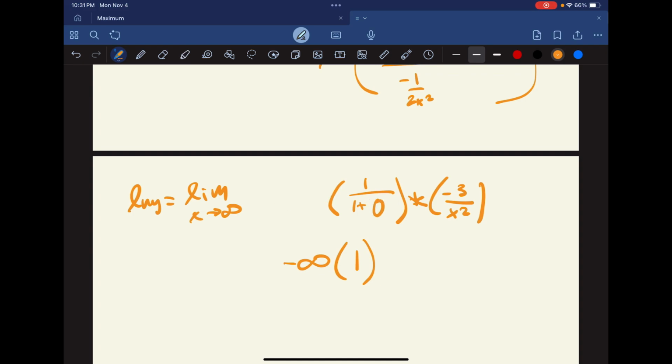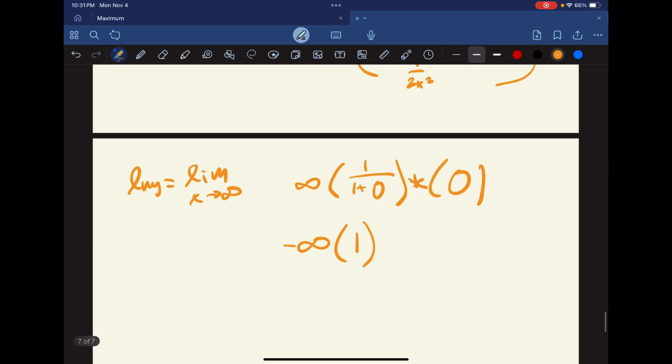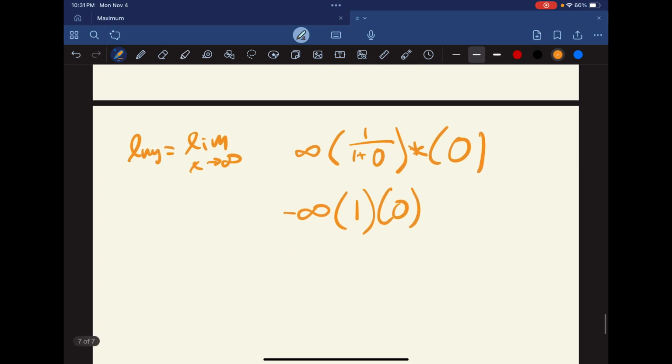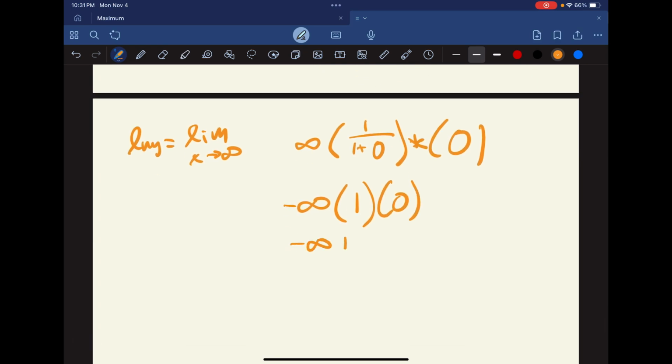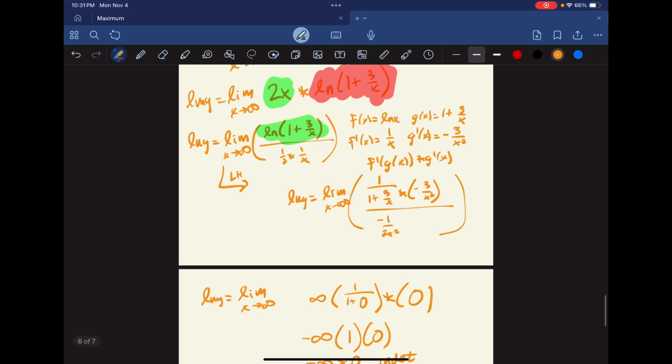Right, sorry, the x would go to infinity and 3 over x would go to 0, so that's just 1 divided by 1. Times, and then infinity squared is just infinity, so negative 3 divided by infinity, that's just 0. So then what we're dealing with is negative infinity times 0, which is an indeterminate form. And so we would have to apply L'Hopital's rule to this again.